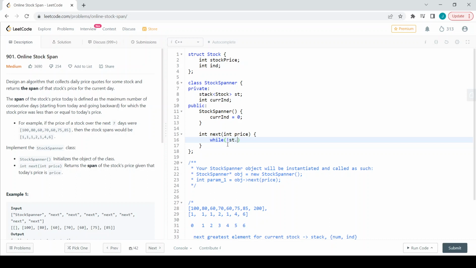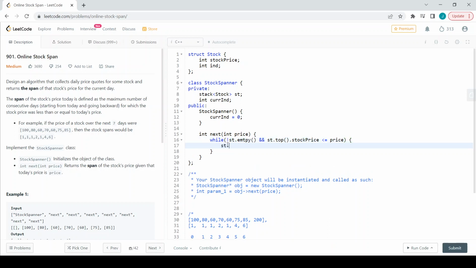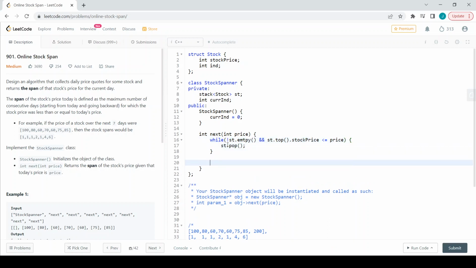So while my stack is not empty, and my stack top stock price is lesser than or equal to the current price, I don't want that particular stock, so I just pop that stock.